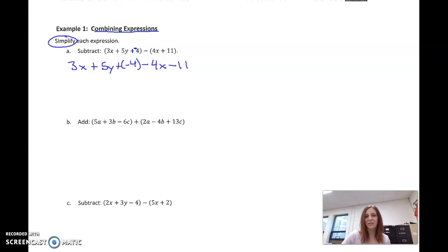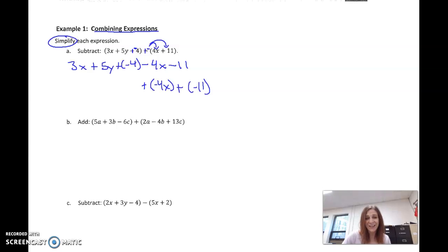The other way we can think of this is as plus and negative with that negative out front, and then think of it as distributing the negative to the 4x and the 11. You can either think of it as subtracting 4x and subtracting 11, or you can think of it as adding a negative 4x and adding a negative 11.